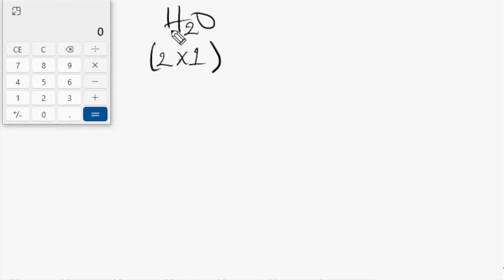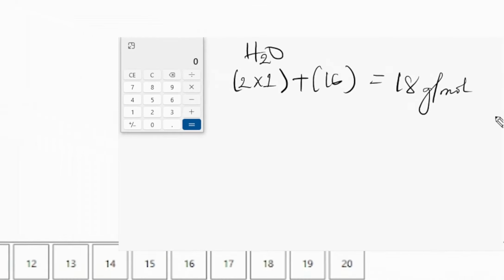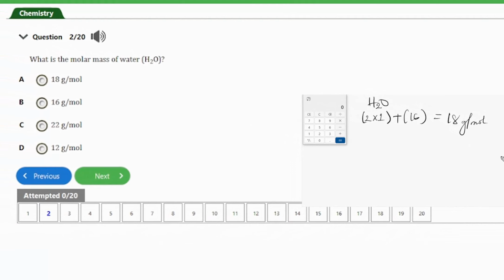Then we add the atomic mass of oxygen, which is 16. 2 plus 16 is 18, so this is 18 grams per mole, the molar mass of water. The answer to this question is again option A. We'll wipe this and check out the next question.